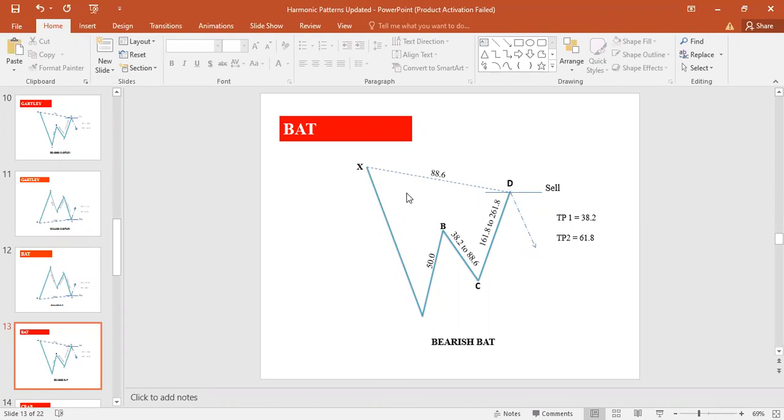So we must check these two highs, X and D. And checking X, we say that the X must come from a reference periodic high. And in checking D, we say, okay, X to A, D will give us 88.6. Second check, B to C should give us this extension, 161 to 261. So let's check the B to C if it gives us 161 to 261.